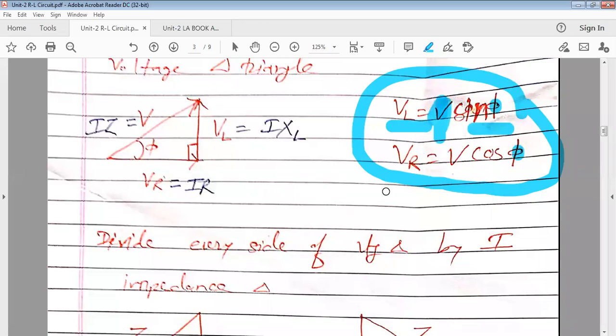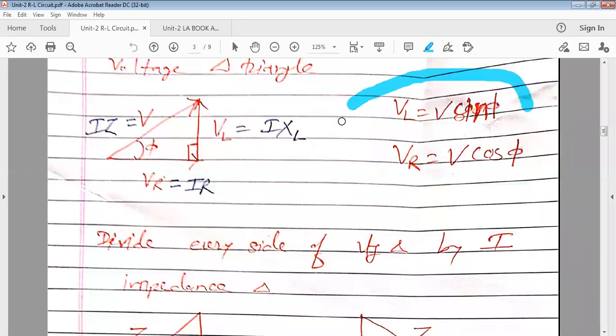Then VL and VR may be asked to calculate. Everyone keep these two formulas in your mind. From the voltage triangle, VL is V sin phi and VR is V cos phi.